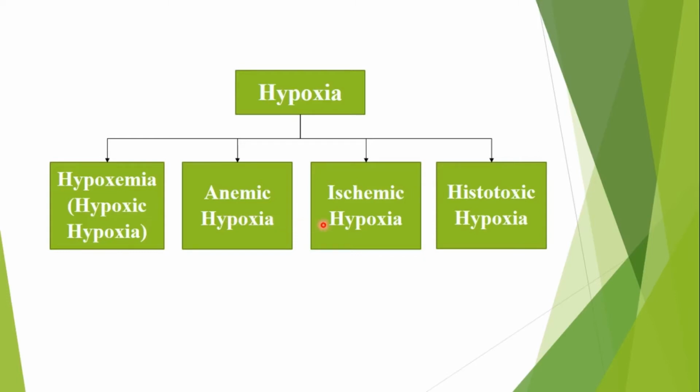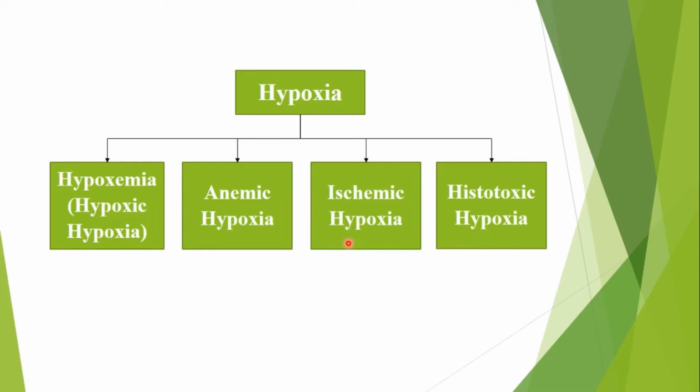In ischemic hypoxia, the blood flow to a tissue is so low that adequate oxygen is not delivered to the tissue despite a normal partial pressure of oxygen and despite a normal hemoglobin concentration. And in histotoxic hypoxia, the amount of oxygen delivered to a tissue is adequate, but because of the action of a toxic agent, the tissue cells cannot make use of the oxygen supplied to them.